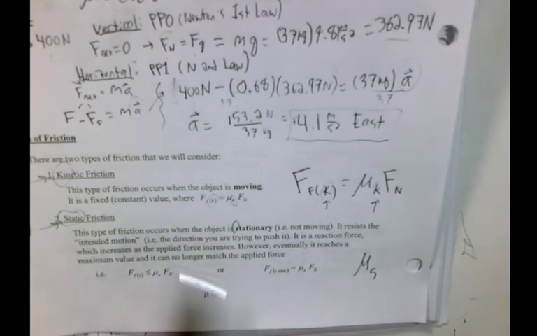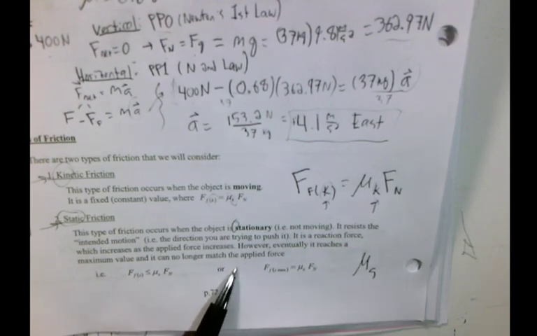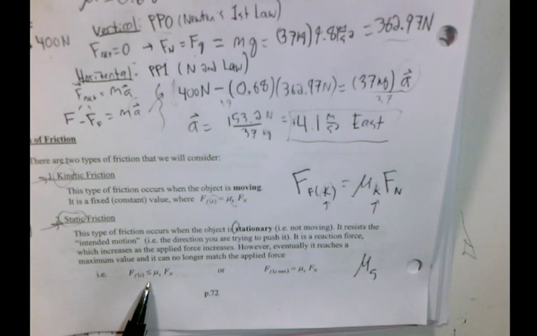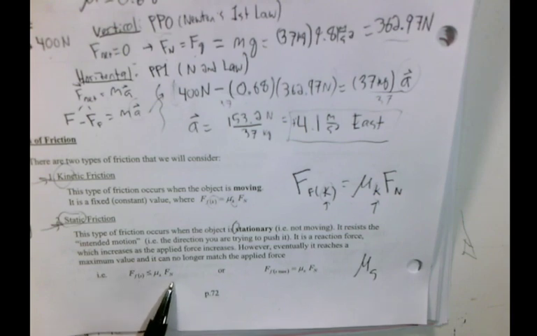now kinetic friction. All right, so eventually it reaches that maximum value. It can no longer resist that motion. It'll kind of have that resistive force overcome, and it'll start to move. So the force of static friction is less than or equal to the coefficient of static friction times the normal force, right?